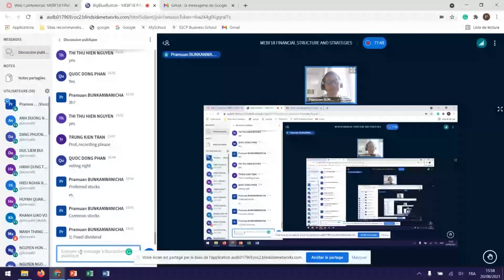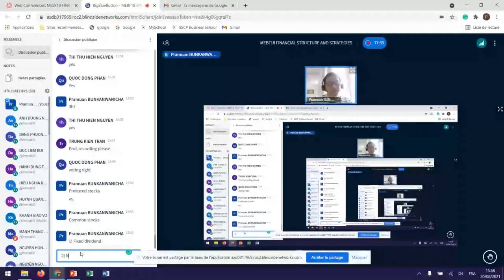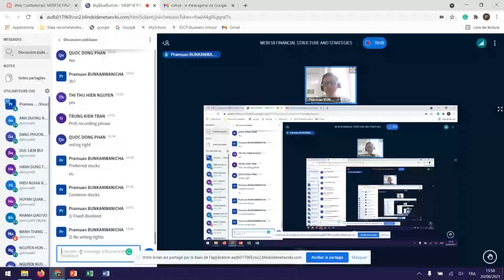Preferred stock is something in between. It's a hybrid. Second, the preferred stock has something different from common stock: you have no voting rights. The voting right goes only to common shareholders, not the preferred stockholders.